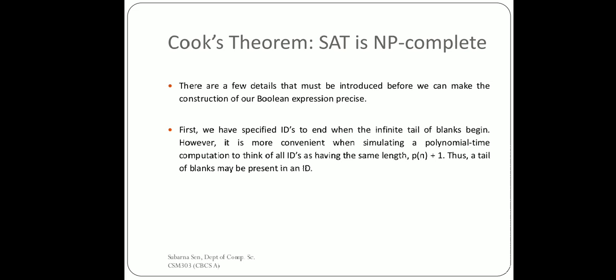It is more convenient, when simulating a polynomial time computation, to think of all IDs having the same length, p(n) plus 1. Why p(n) plus 1? Because after p(n) moves we will reach the end, and if we have to check whether we are encountering a blank next, we have to make one more move. Okay, so to identify an ID to be an end ID, we have to incorporate one more move.